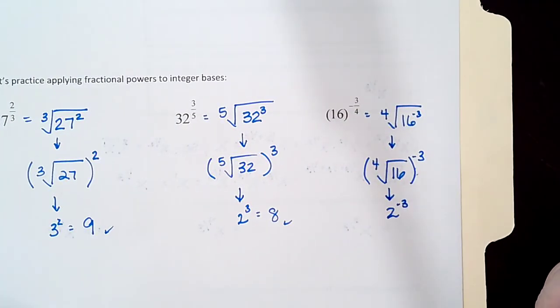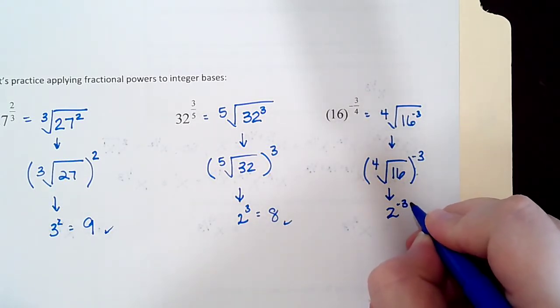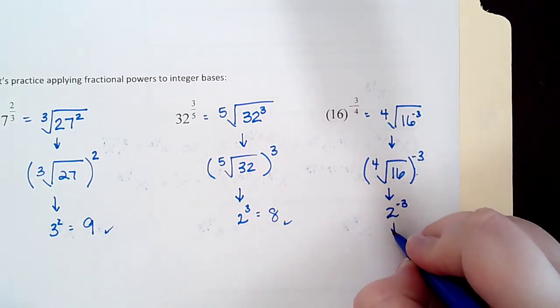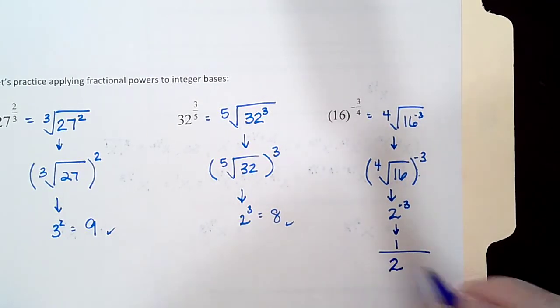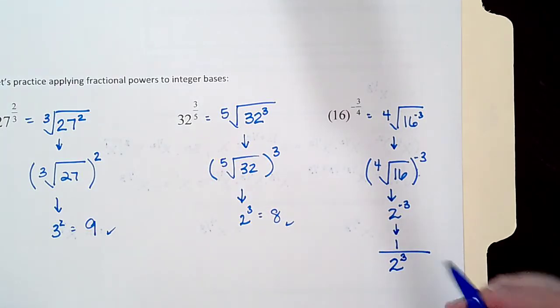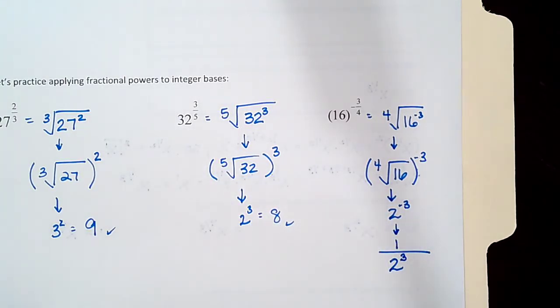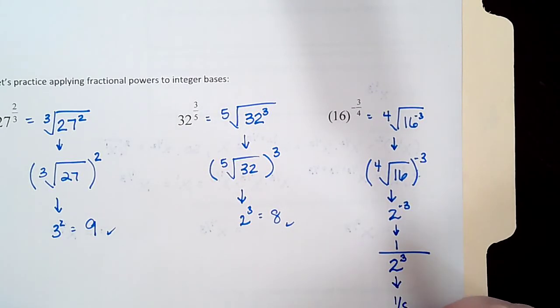If you remember from our exponent unit, anything to a negative exponent just takes it and flips it to the bottom. So this is the same thing as saying 1 over 2 raised to the 3rd power. 2 raised to the 3rd power, we already saw in the last one, was 8. So the only difference in these two problems is instead of having 8 over 1, I have 1 over 8 as my answer.